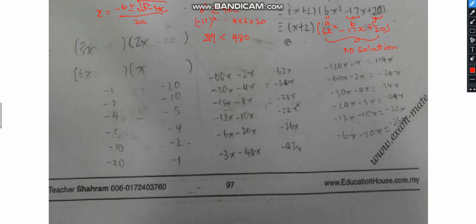So for the last part, solve this equation, you can only say that the function we have earlier is equal to (x plus 2)(6x squared minus 17x plus 20), and this whole thing is equal to 0. Now if this is equal to 0, then x plus 2 is equal to 0, or this other factor becomes 0.